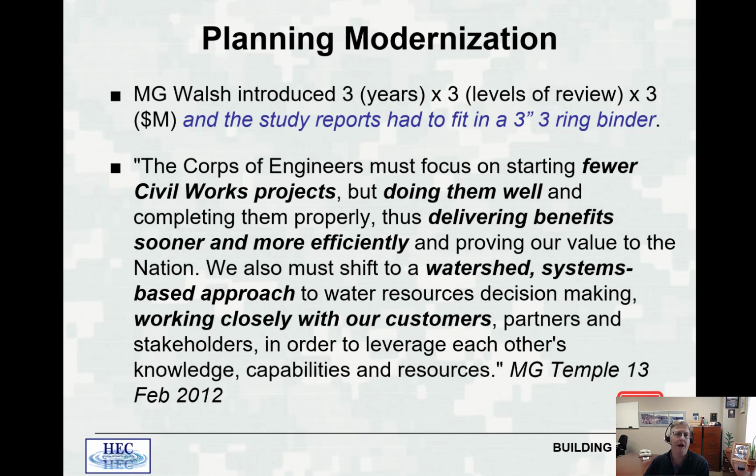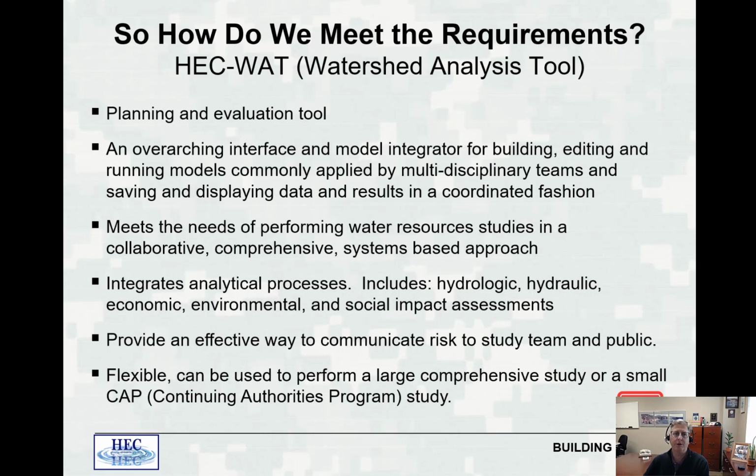That said, it introduced new requirements to perform studies quickly. On top of that, you had Major General Temple, who said, well, we have to do fewer civil works projects, do them well, deliver benefits sooner and more efficiently, and still do watershed and system-based approaches. So all of that has to be done in 3 years for $3 million. So it's difficult, right? So how do we meet these requirements?